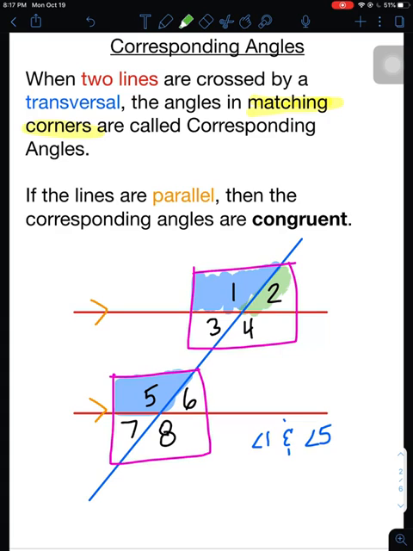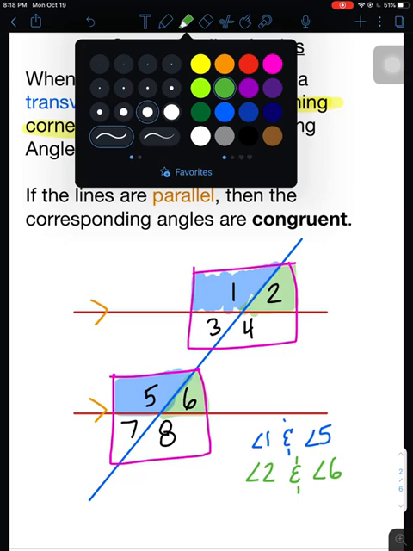Now, which corner matches where angle 2 is sitting in this bottom group down here? That's gonna be corner 6. So that means that angle 2 and angle 6 are corresponding, right?